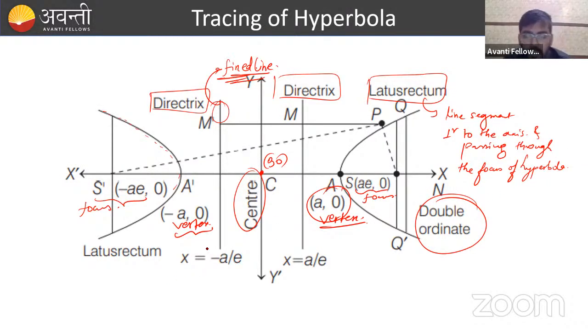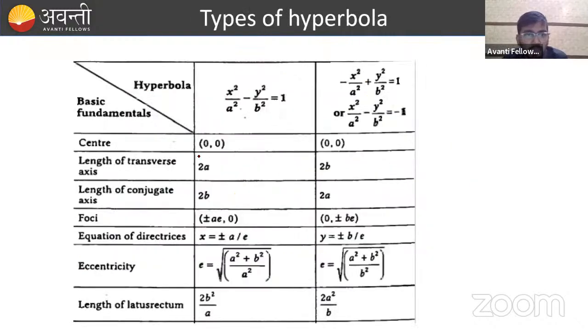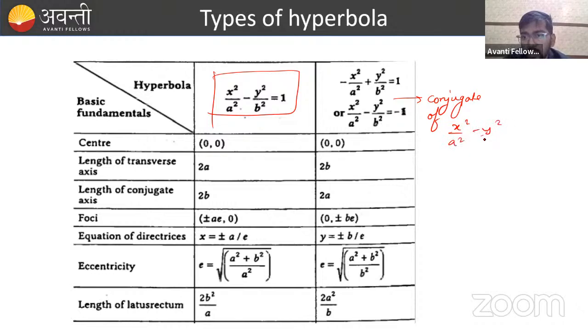So let's check out how to mathematically justify all these terms here. So this is our standard hyperbola, and this is for the conjugate of x square by a square minus y square by b square equals to 1. The center for both the hyperbolas is 0 comma 0.